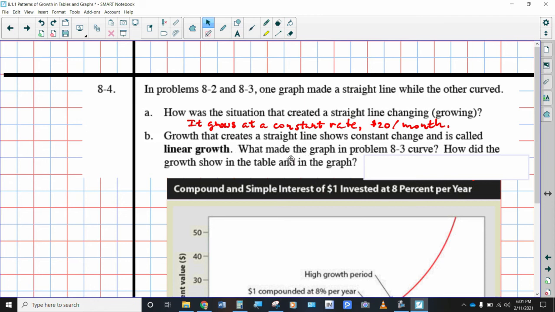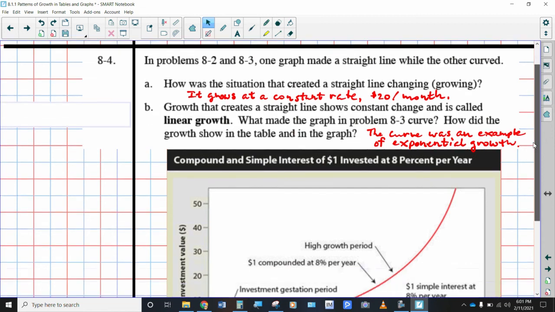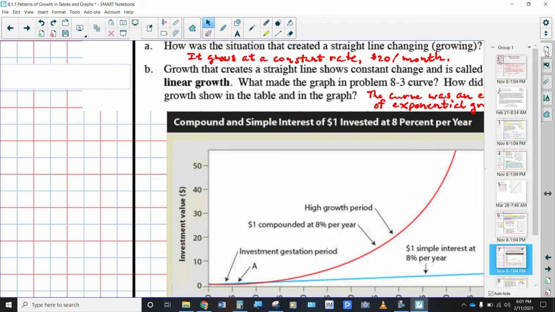We talked about that. What made the graph in problem 8.3 curve? Well, it was exponential growth. The fact that it was increasing by 1% every single time based on the original amount, which was causing it to grow by more every single time because the new amount was growing. So just to kind of finish this up, I guess we got another problem.